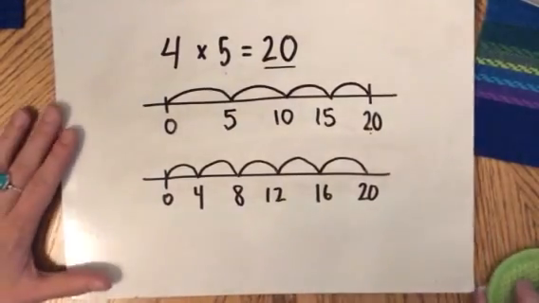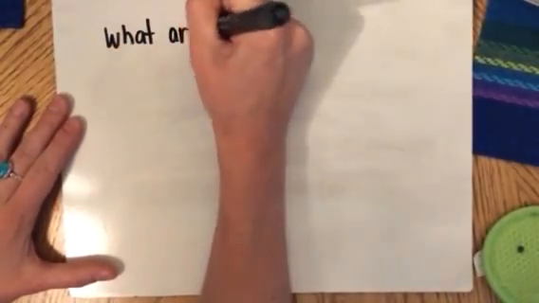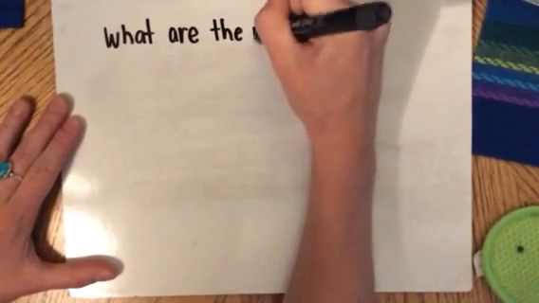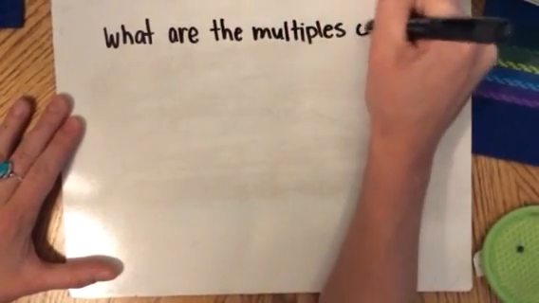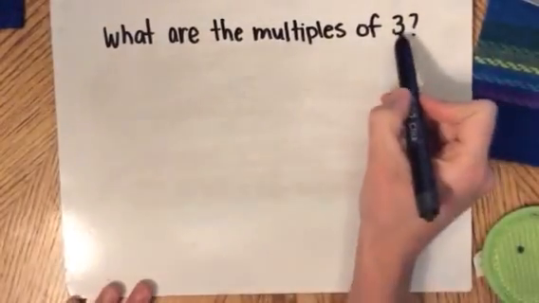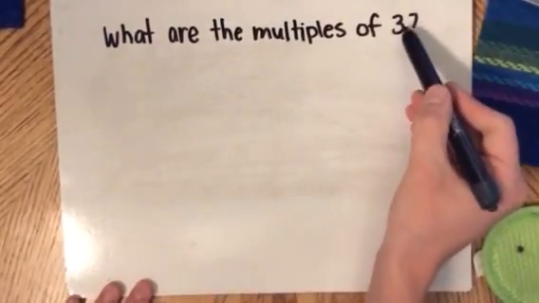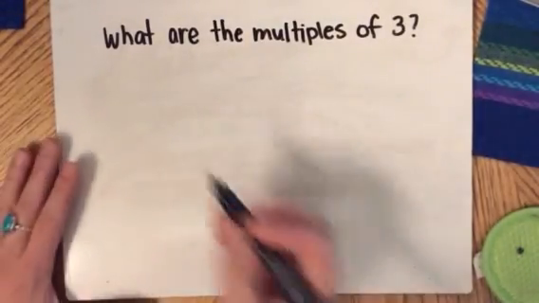So we're going to look at some other examples. You might see a problem that says, what are the multiples of 3? I need to multiply any number by 3 and the number I get, or the product, will be a multiple of 3.